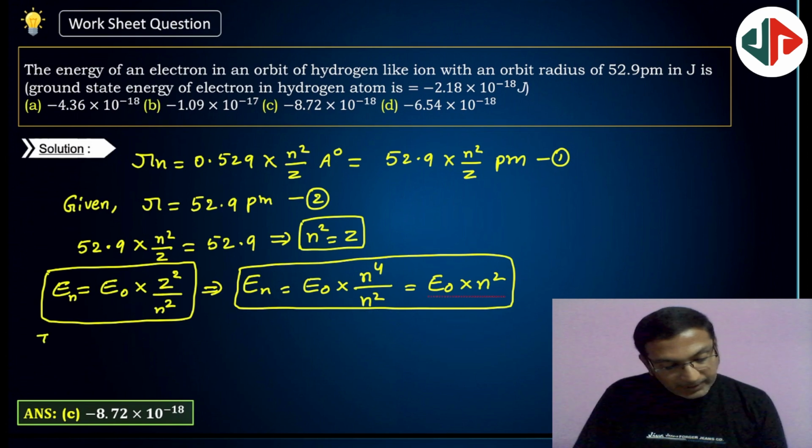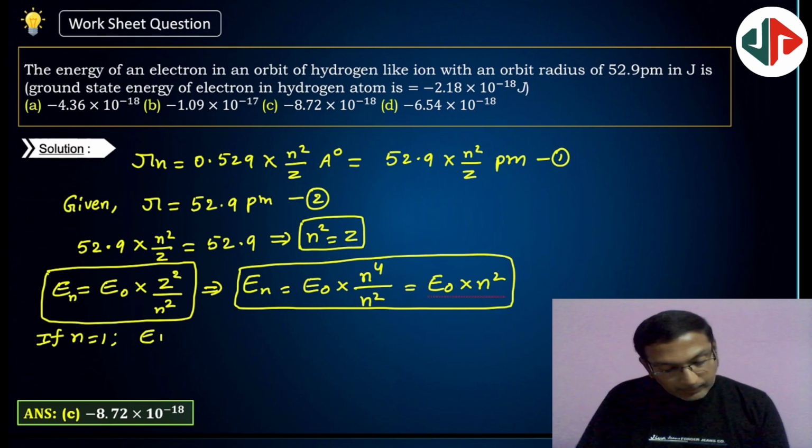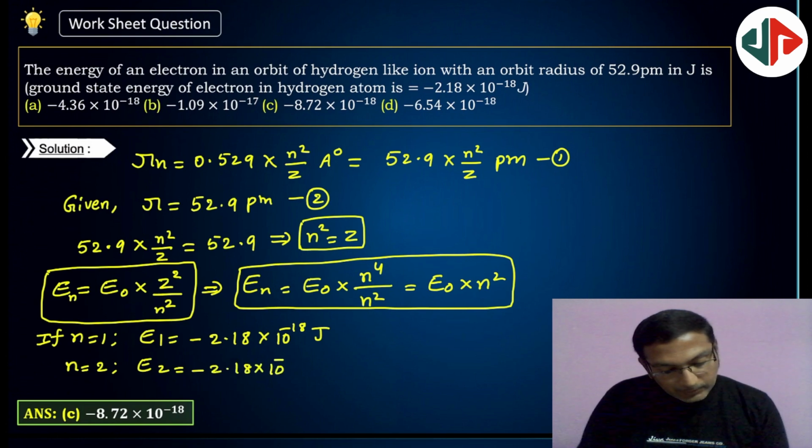If n equal to 1, I am substituting values for first orbit. E1 equal to minus 2.18 into 10 power minus 18 joules. If n equal to 2, E2 equal to minus 2.18 into 10 power minus 18 into n square.